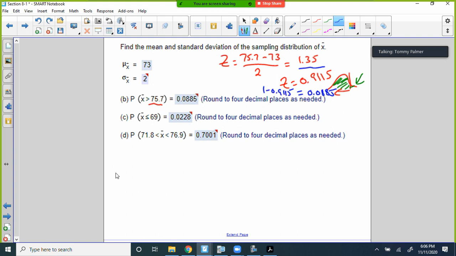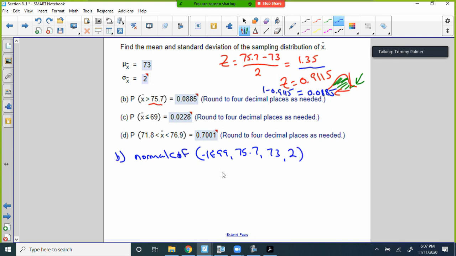Now, you can do that by hand, and I encourage you to do it by hand. But we're also going to show you how to do this. This is B, so we're going to use the normal CDF, the cumulative distribution function. We have a lower bound of 1e99 negative, all the way up to 75.7, a mean of 73, and a standard deviation of the sample mean of 2.